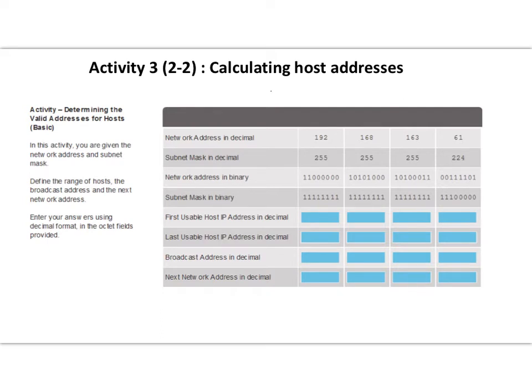So again, the question is 192.168.163.61/29. No, why 29? 24 plus 3. So 3 ones and then all zeros, plus the 24, it becomes 27.